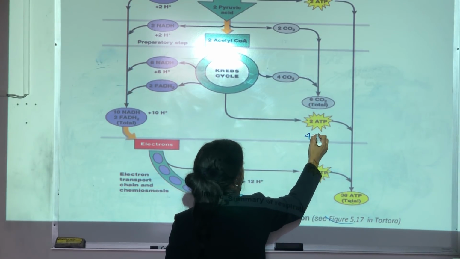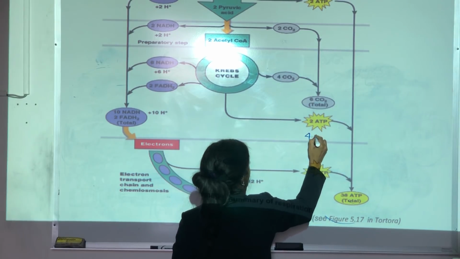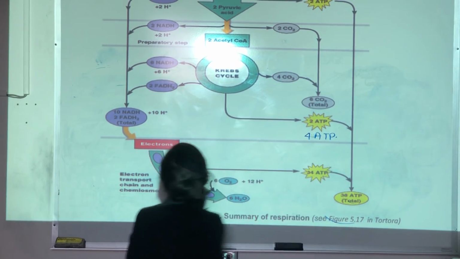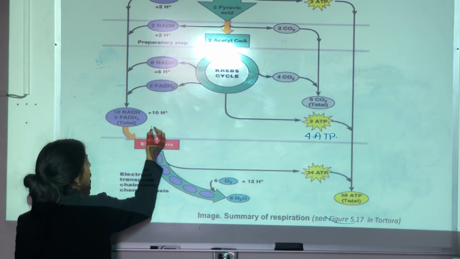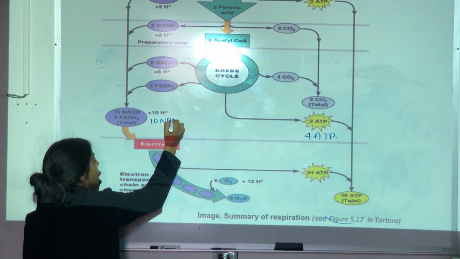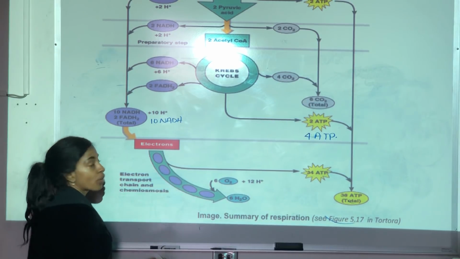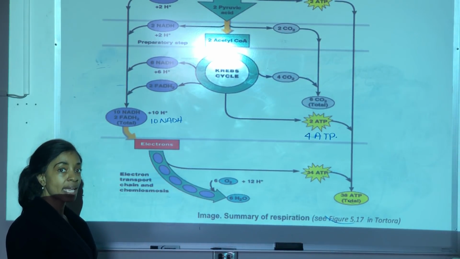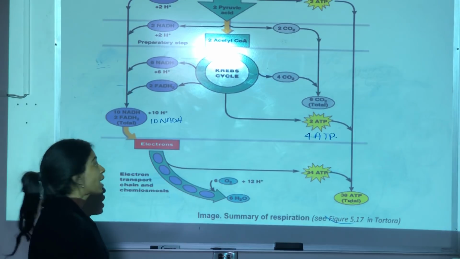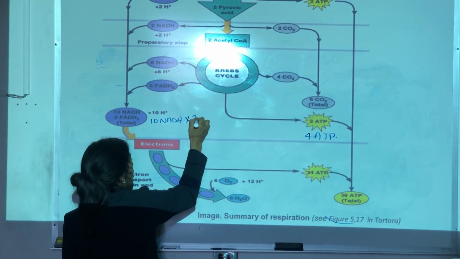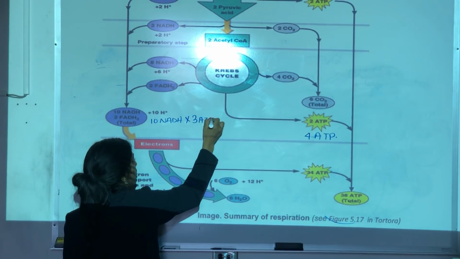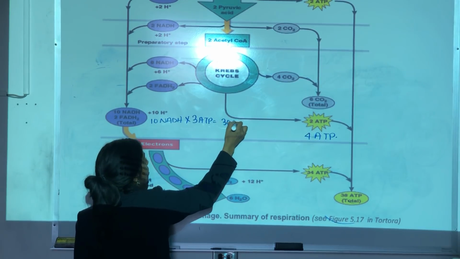So altogether, that's 4 ATP. And then we had 10 NADH, and for each NADH, how many ATP do we get? We get a total of 3, so that will give us 30 ATP.